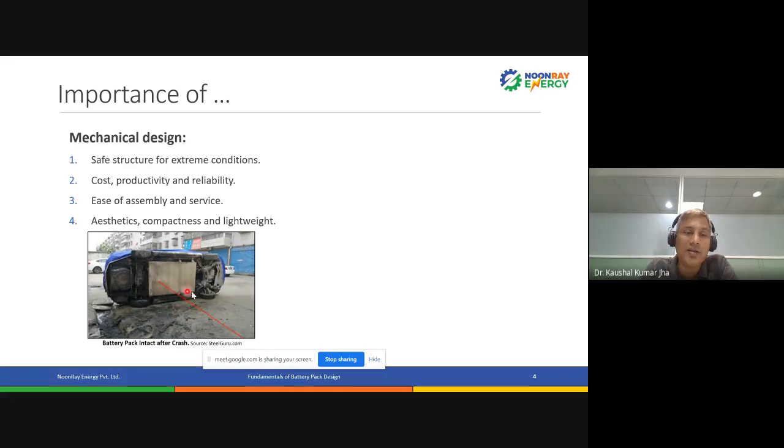If this structure, which is the mechanical design or mechanical pack of a battery, had not been safe, what would have happened? The cells would have taken all this impact energy and disintegrated. There are several chemicals inside. Generally, those chemicals independently are not hazardous, but they can catch fire. And that can lead to the burning of the complete vehicle, including the occupant.